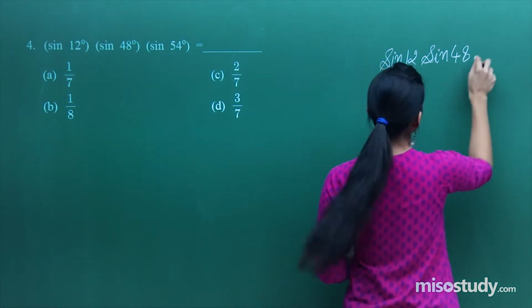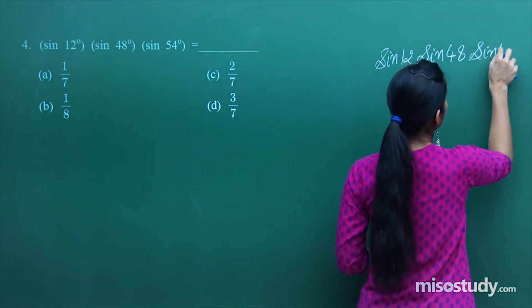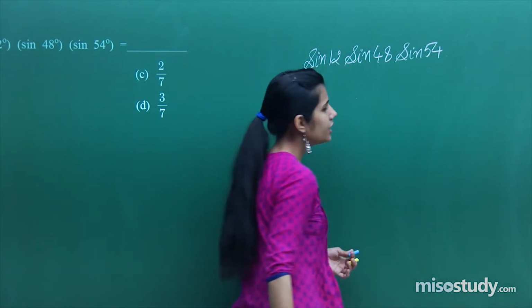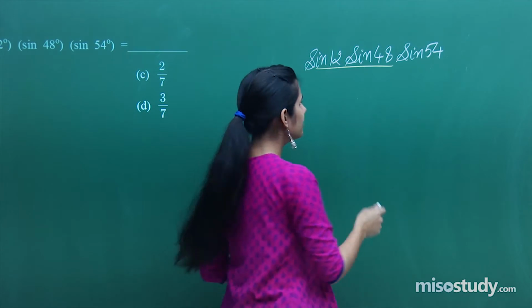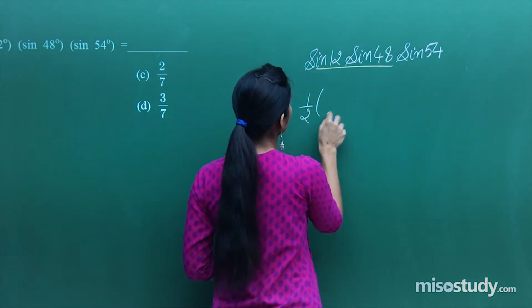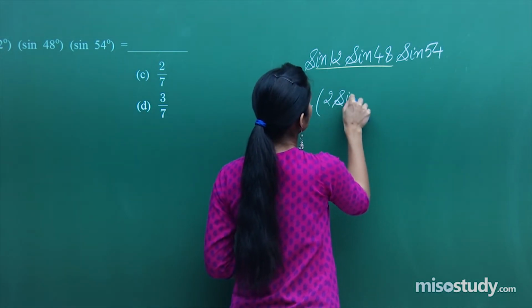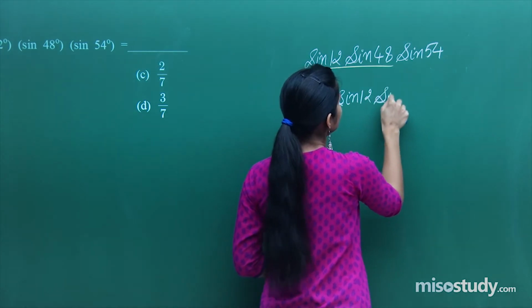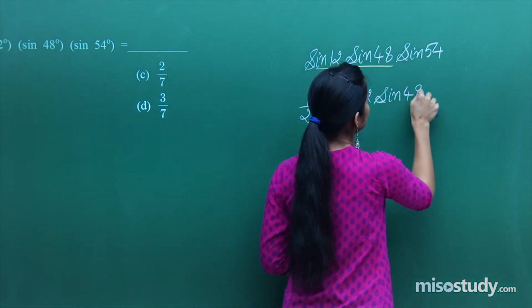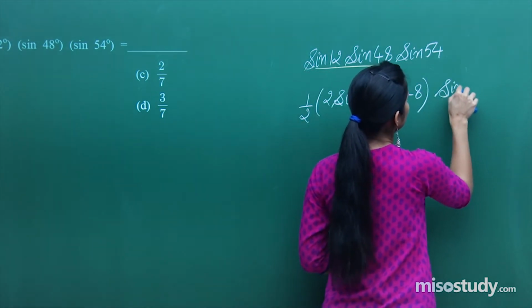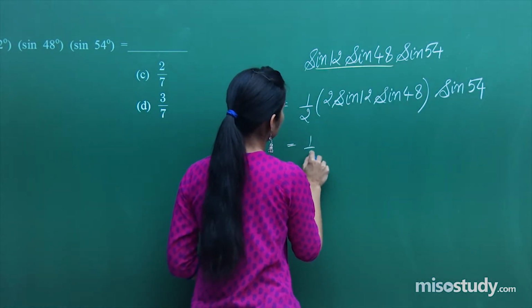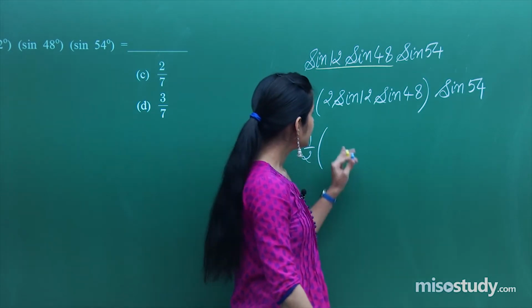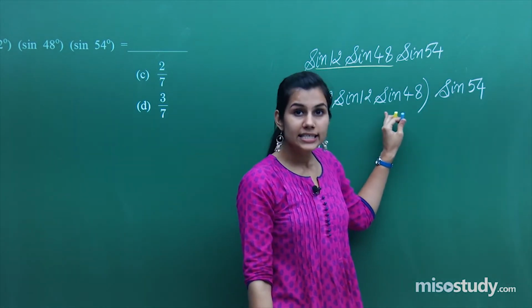And then you have sine 54. Okay, 2 at a time. Fine. I multiply by 2 and divide by 2, I get 2 sine 12 sine 48 into sine 54. What is 2 sine A sine B?